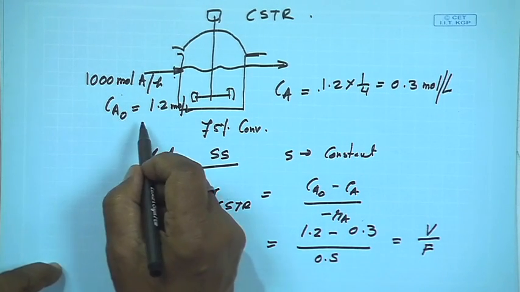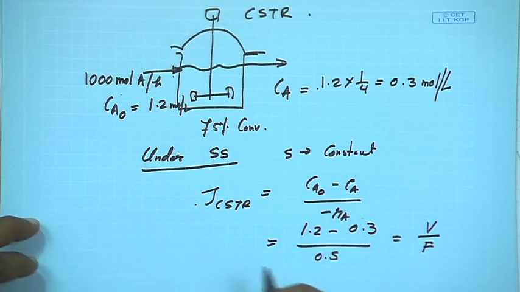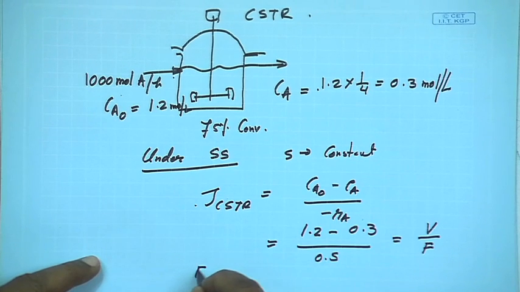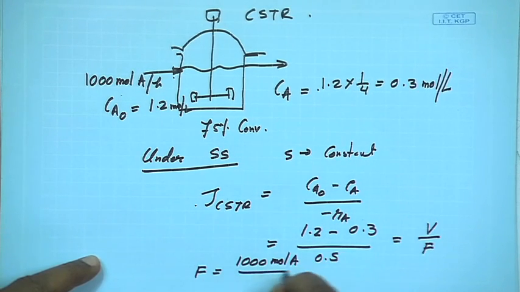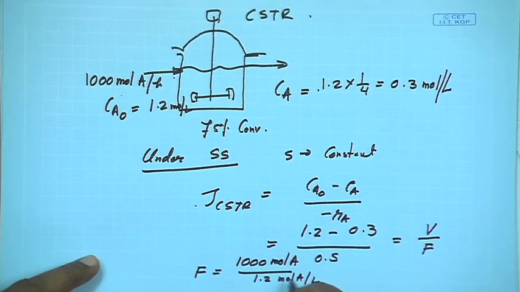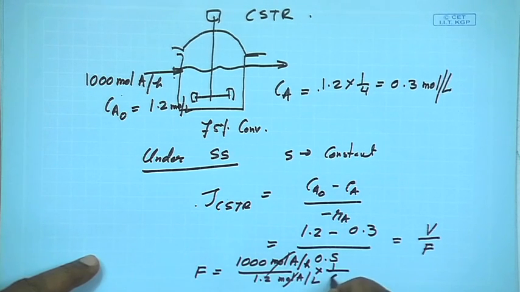Now, here I showed you in the last how you can find out the F. F is equal to, I can write, 1,000 moles of A per hour, divided by initial substrate concentration 1.2 moles of A per liter. This is per hour, and we shall have to convert it to per minute, that is, divide by 60.